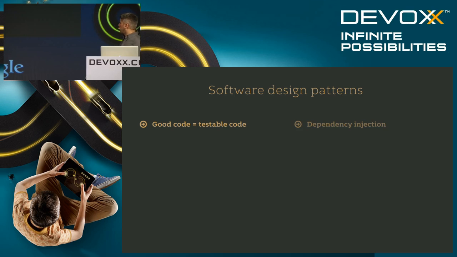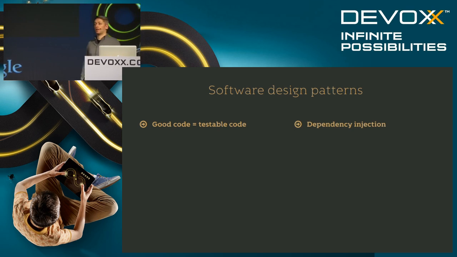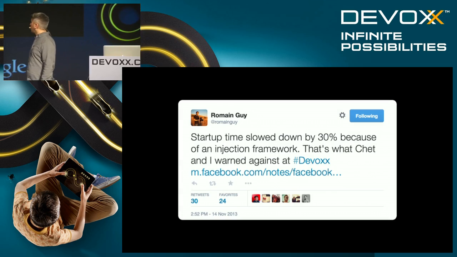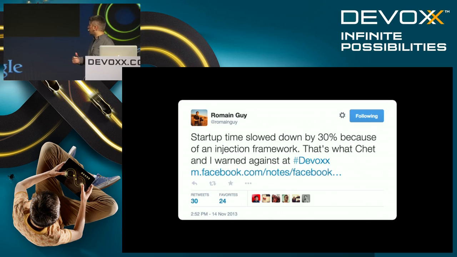Now, when we talk about design patterns, the only one I would like to lift out is dependency injection. Of course, you should do it well. Otherwise, you will become the subject of tweets from Romain Guy. It only seemed appropriate because it references his talk from last year here at Devoxx.